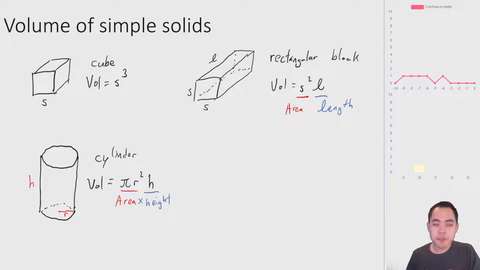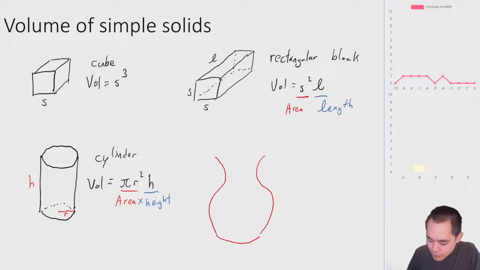But now, what if we have a more complicated shape? Let's say we have a vase. It has a circular bottom, and let's say it's circular everywhere, since this is an example of pottery.